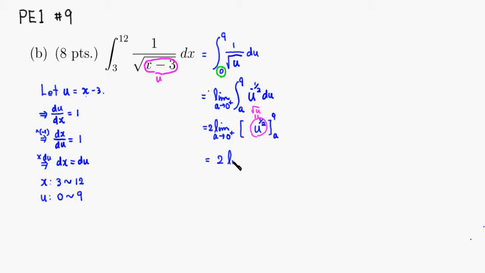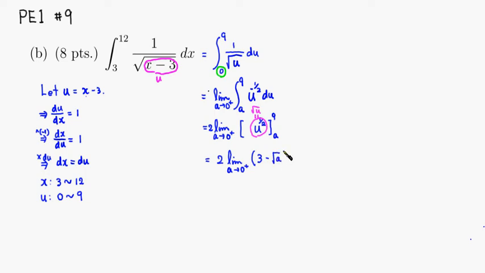So 2 is just a constant, and we're going to take the limit as a approaches 0 from the right, and plug in 9. You're going to get the square root of 9, so that'll be 3, minus the square root of a. Plug in a for u.